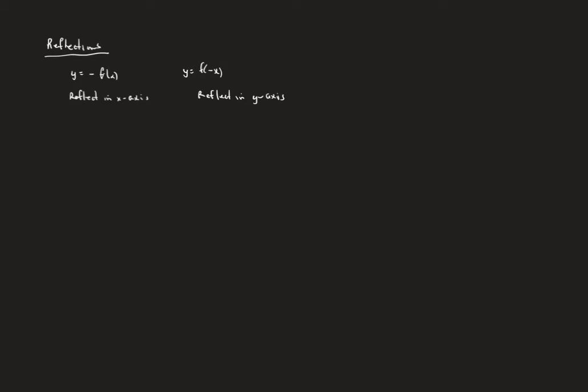So let's look at some examples. Suppose we have f of x equal to the square root of negative x first. I'm going to put these on the same axis, the original and then the reflection. So the original y equals square root of x, you will remember, is going to start at the origin.